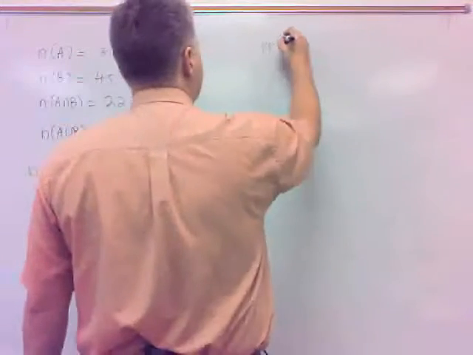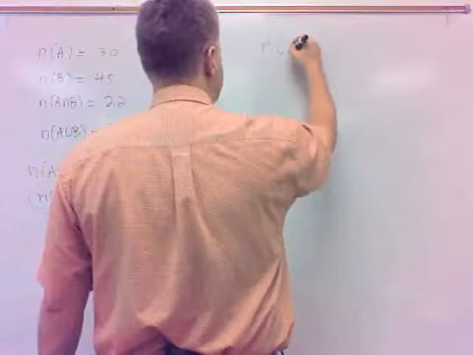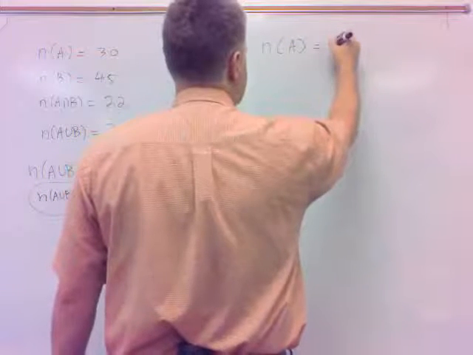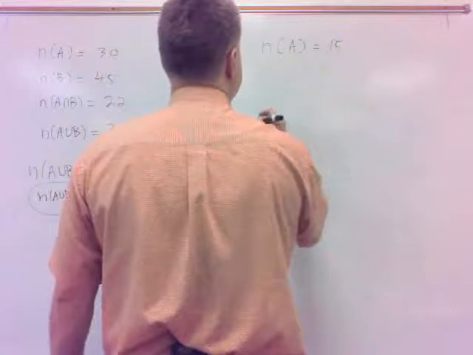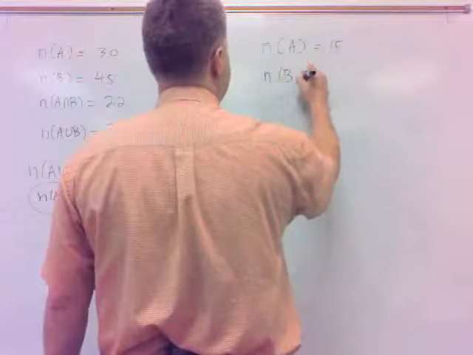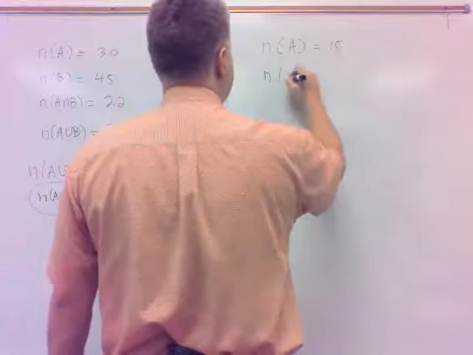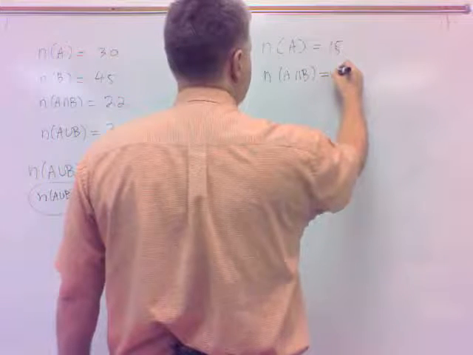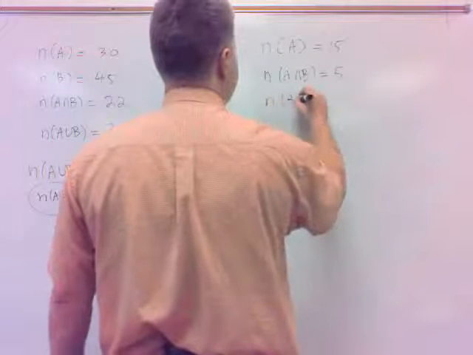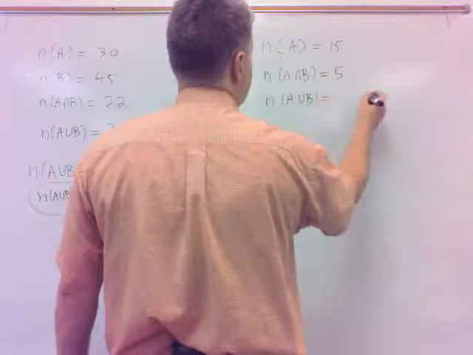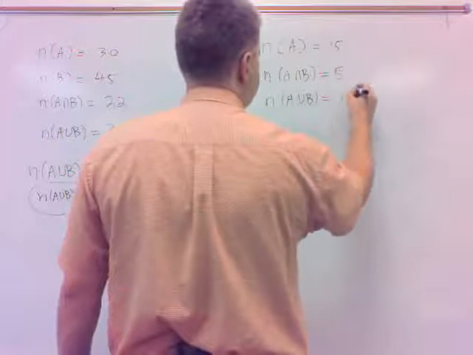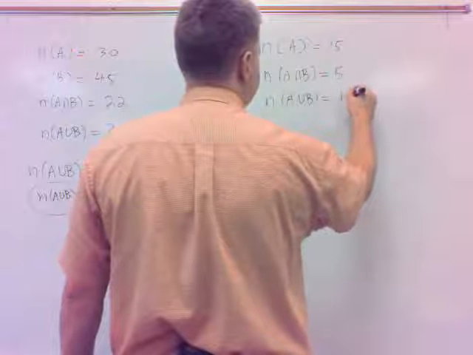What if I had the number in A is 15, the number in A intersection B is 5, and the number in A union B, let's make it 18.